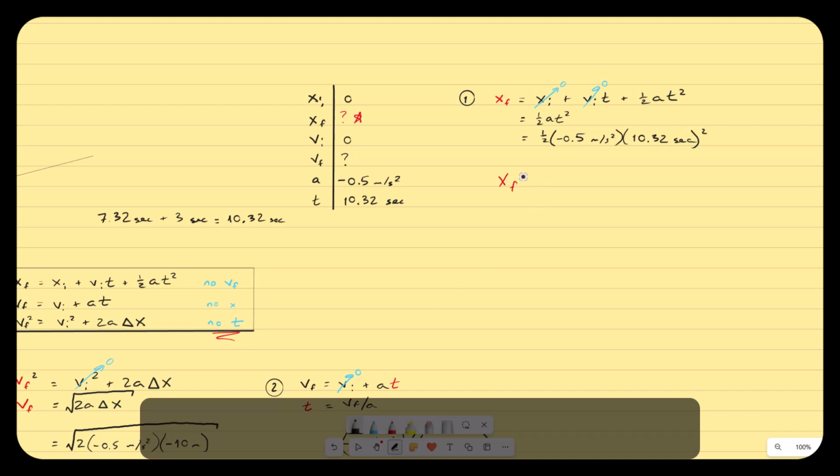x final equals 26.63 meters negative. And I'm going to fill in my table.